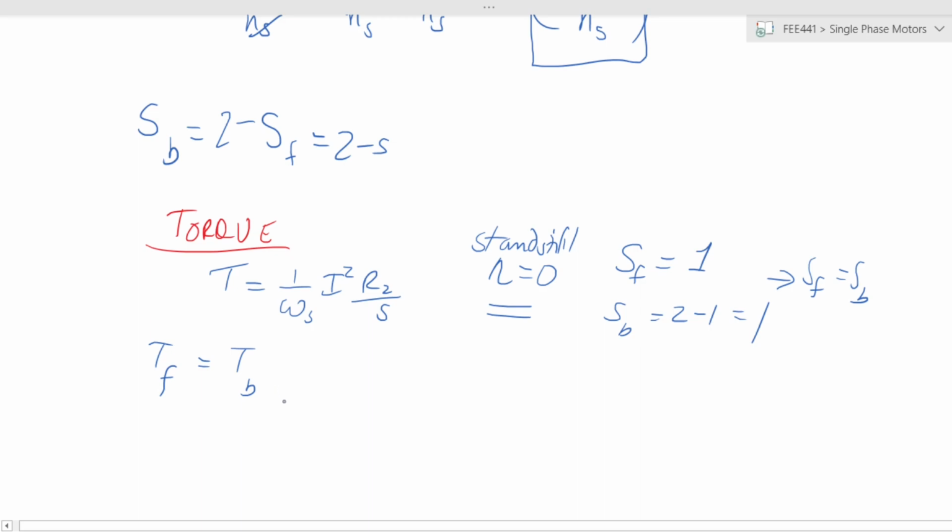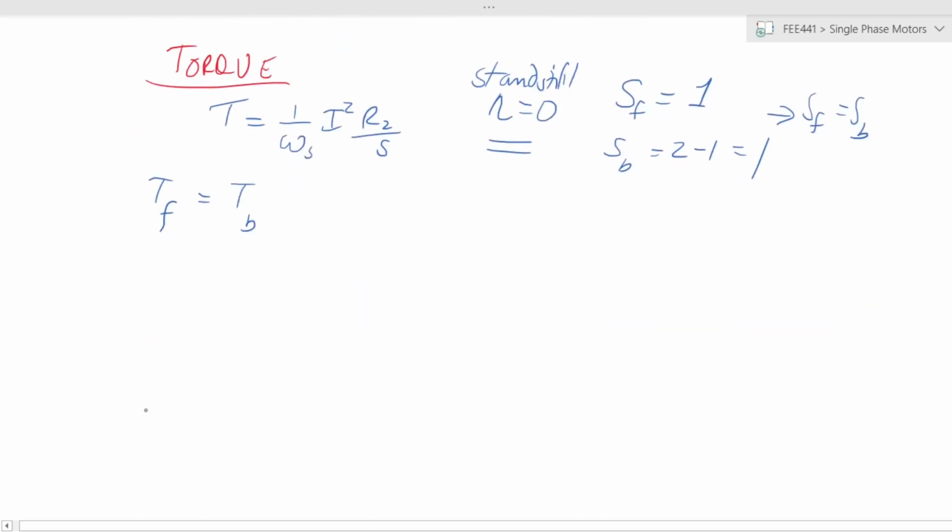Now let's take an instant where it is in normal operation. So S is a very small number, much less than 1, let's say 0.04 or something like that. It's a tiny number.